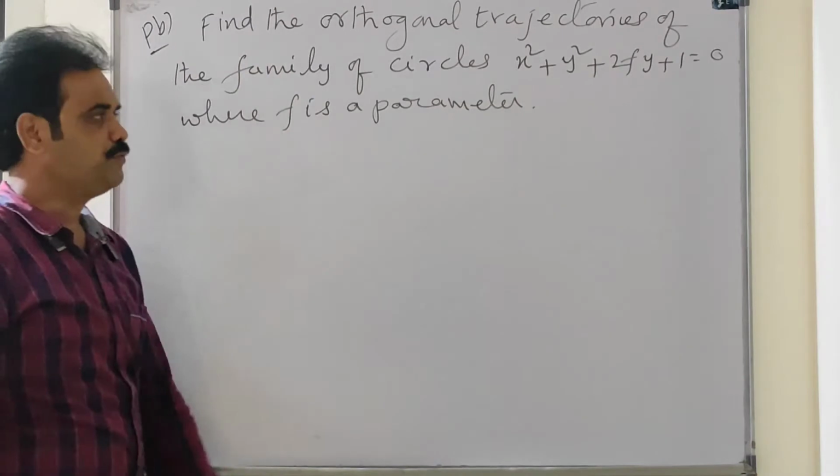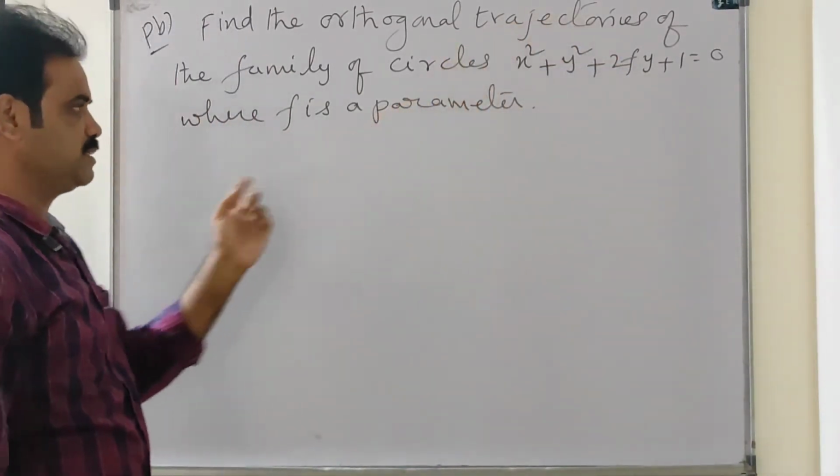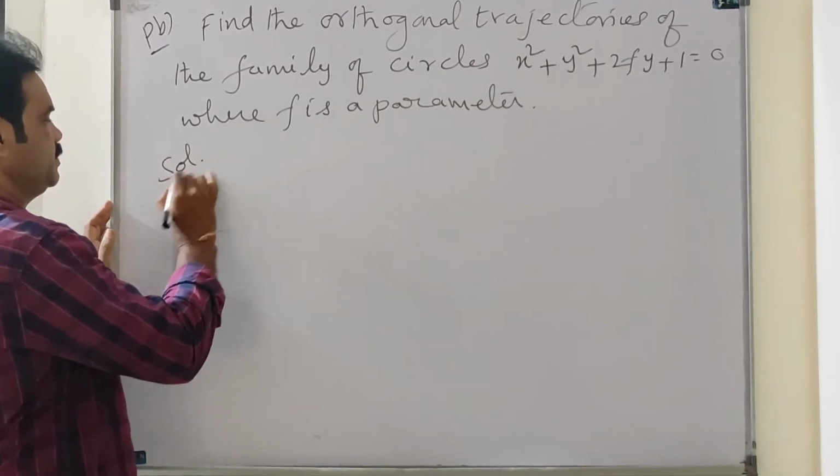How to find the orthogonal trajectories of this family of circles? See the solution.